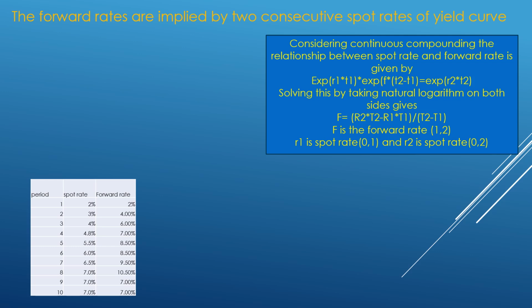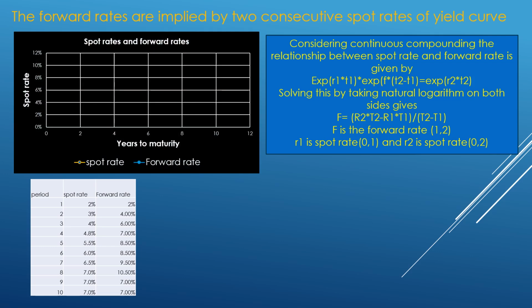Now the Excel file shows the forward rate calculation from the spot rates. This graph shows the spot rates and forward rates for a bond where the x-axis contains the years to maturity and the y-axis contains the rates.